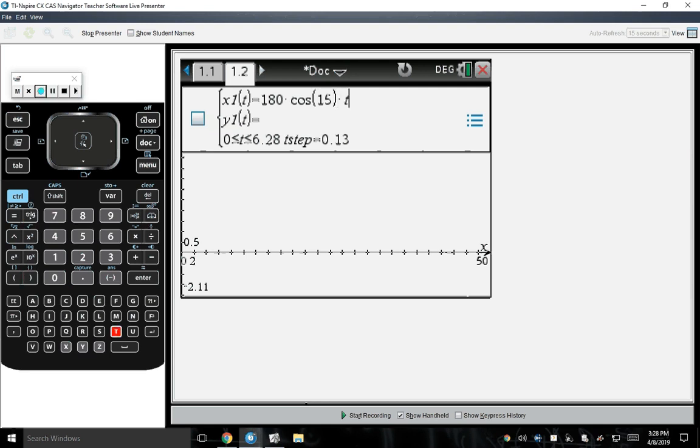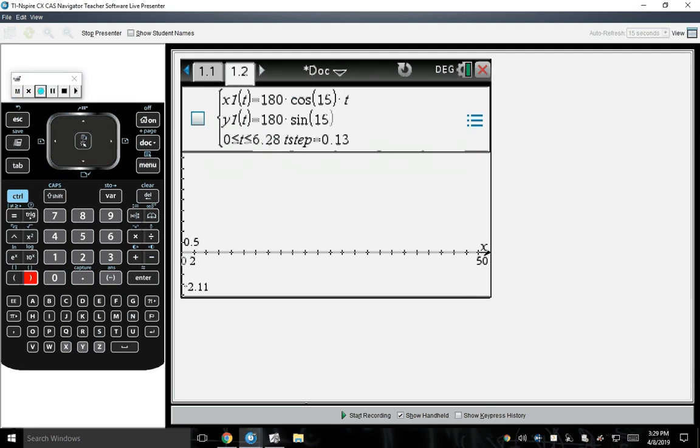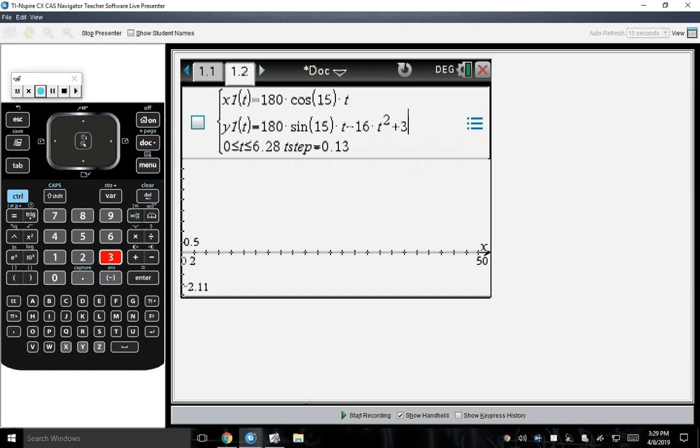Times t. Now it'll be 180 times the sine of 15 times t minus 16 times t squared plus 3, because it started not at ground level. Let's put this to 0, 1. And let's keep it at 5, the way we did the other one.